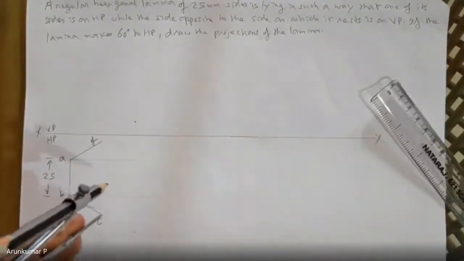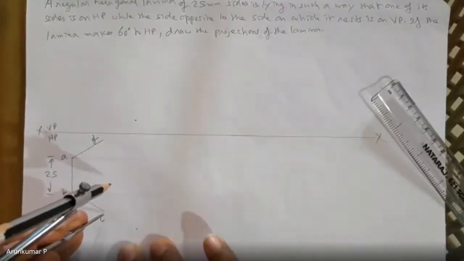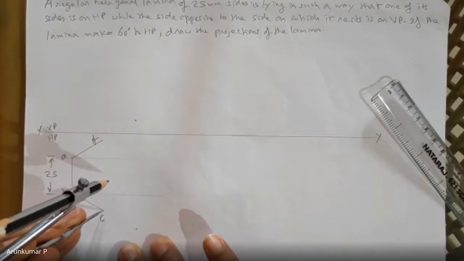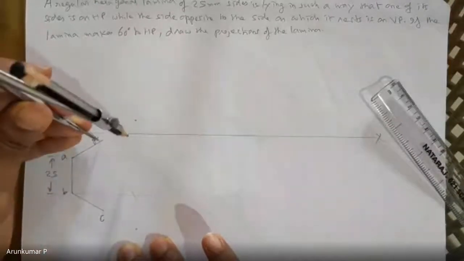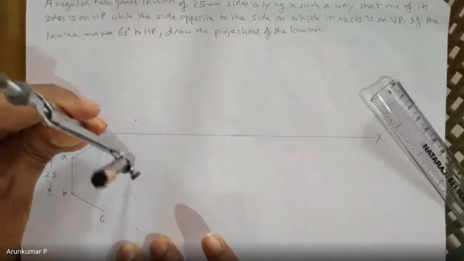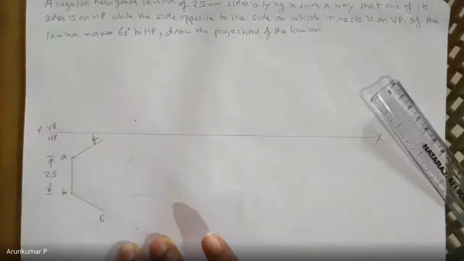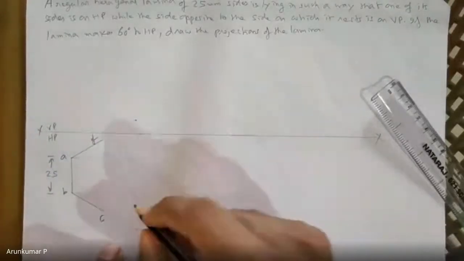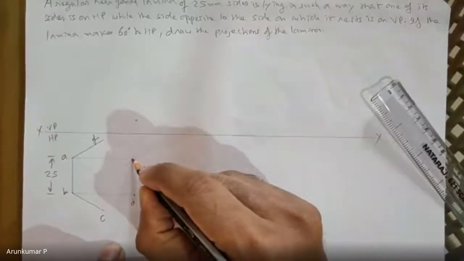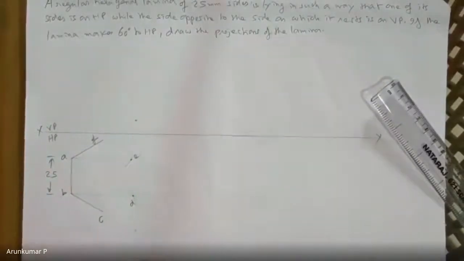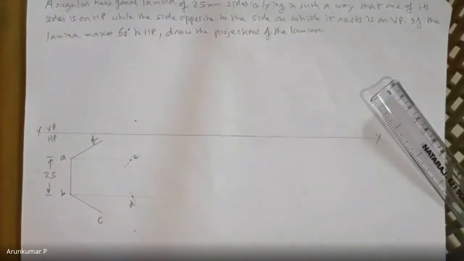Now with C as center, radius equal to 25, you can cut this line. With F as center, radius equal to 25, you can cut this line. So what we'll be getting here is nothing but point D and point E. This is another way by construction.